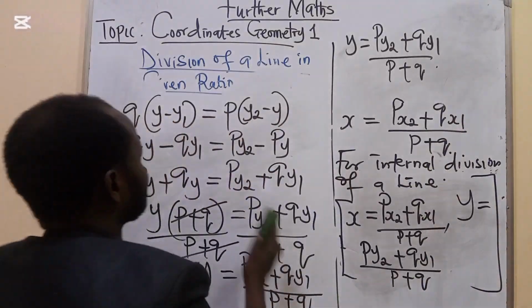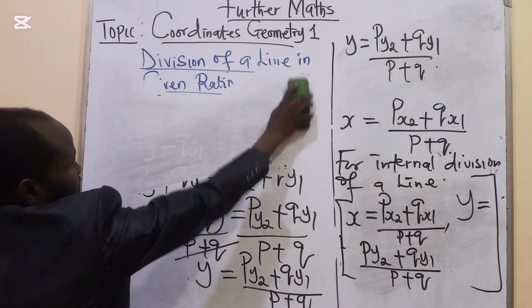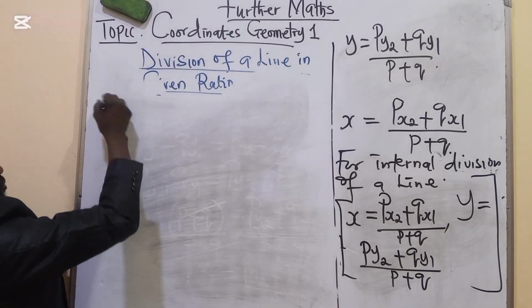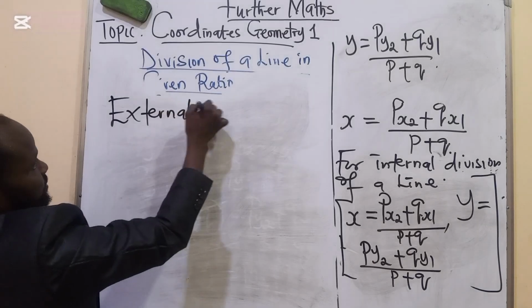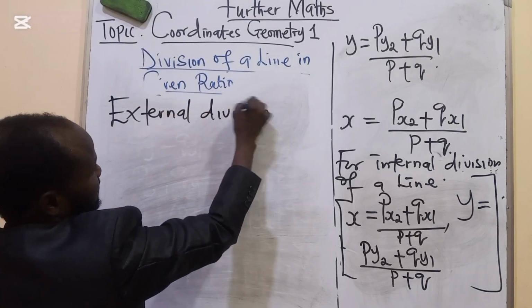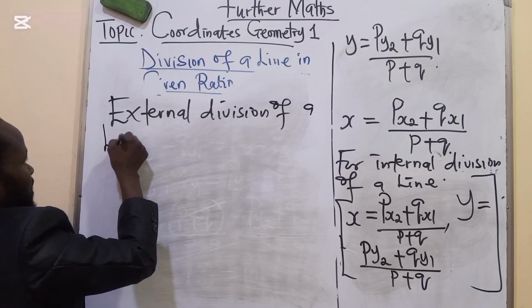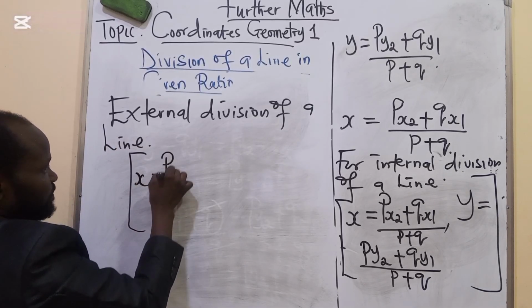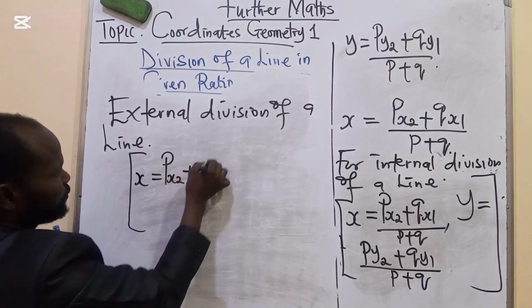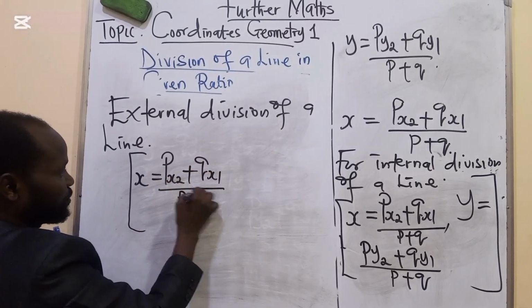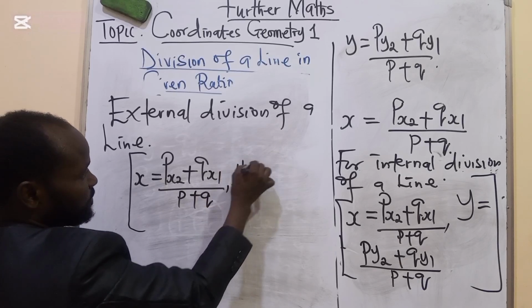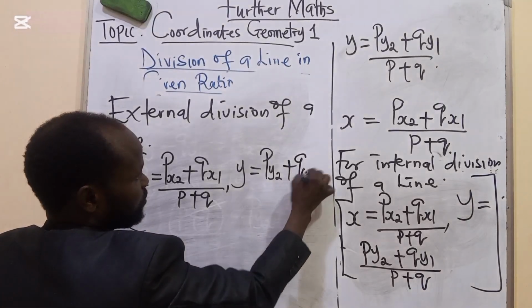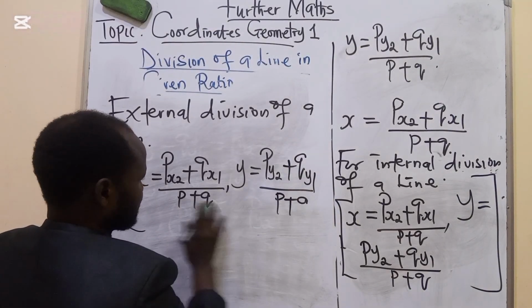For external division of a line, let me write it here. For external division of a line, the formula is given as x equals px2 plus qx1 divided by p plus q, comma, y equals py2 plus qy1 divided by p plus, it will be minus now.